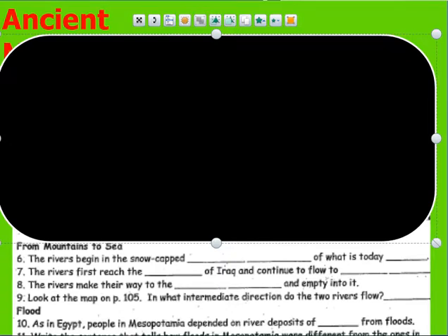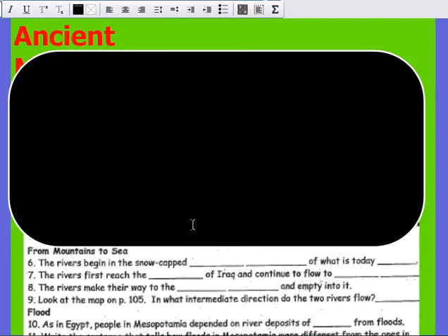The rivers begin in the snow-capped Taurus Mountains of what is today called Turkey.